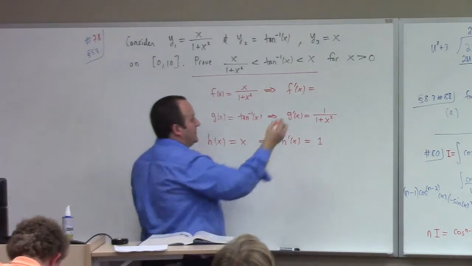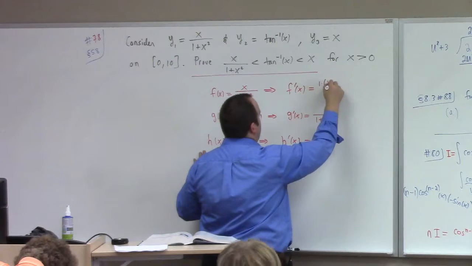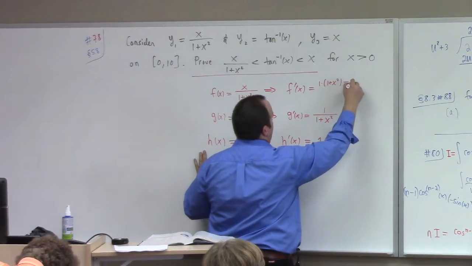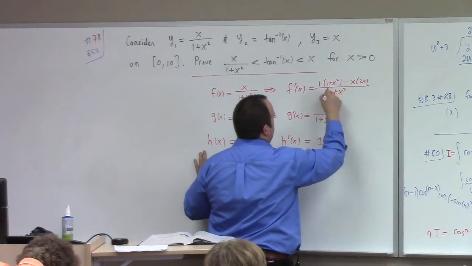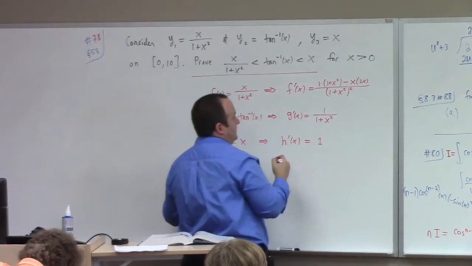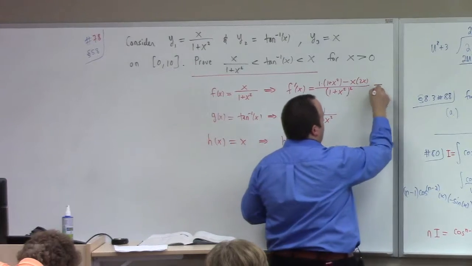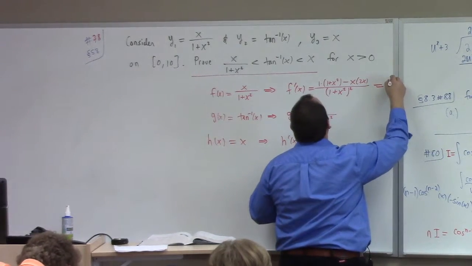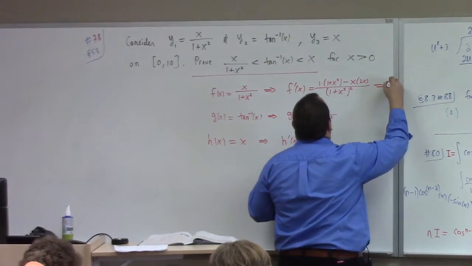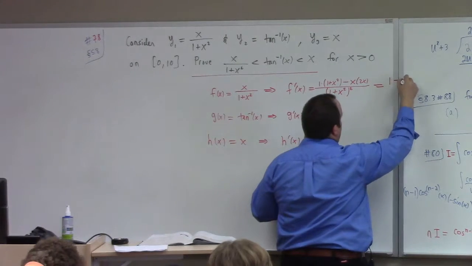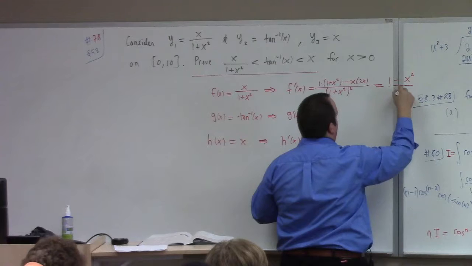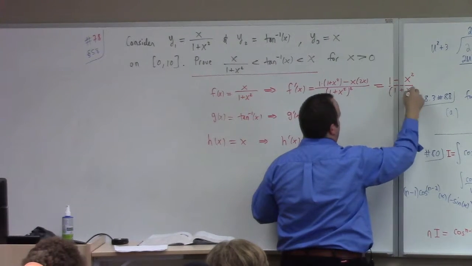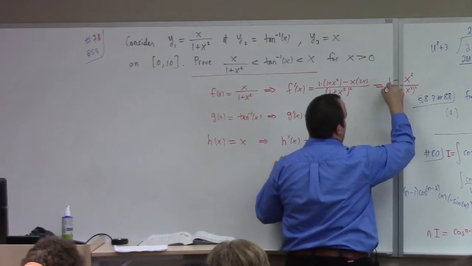Quotient rule, right? So that's 1 times 1 plus x squared minus x times 2x divided by 1 plus x squared, squared, parentheses, important. So that actually is what? That's 1 minus x squared, right? Divided by 1 plus x squared, squared.